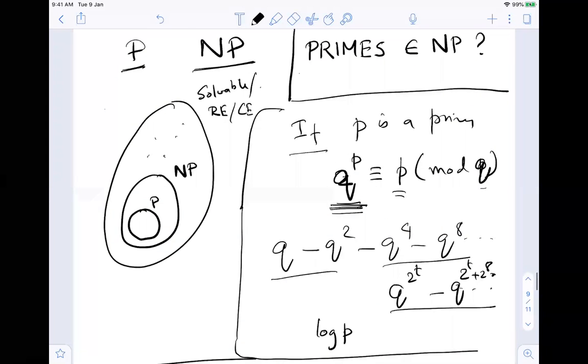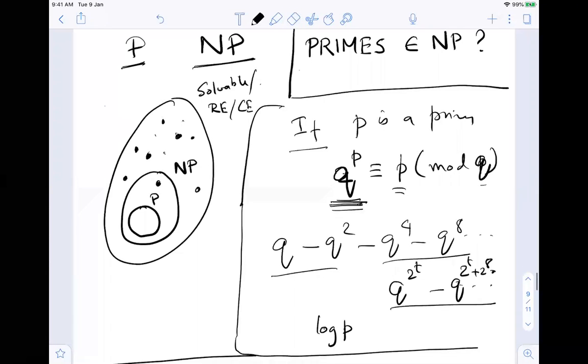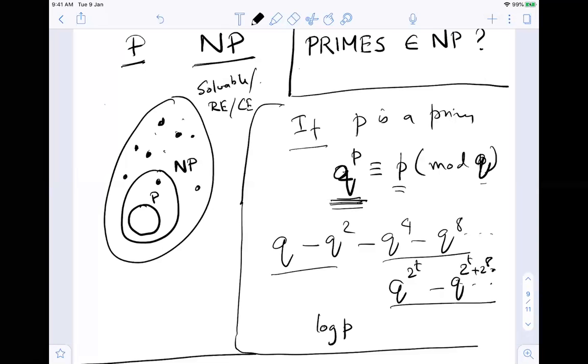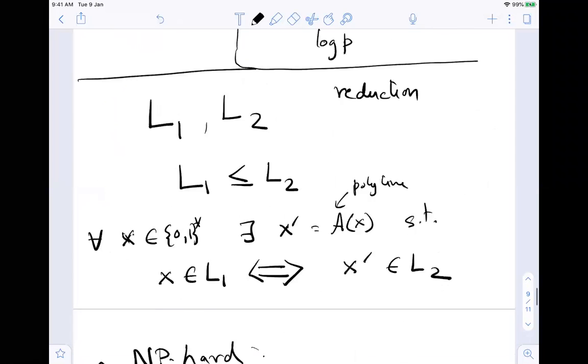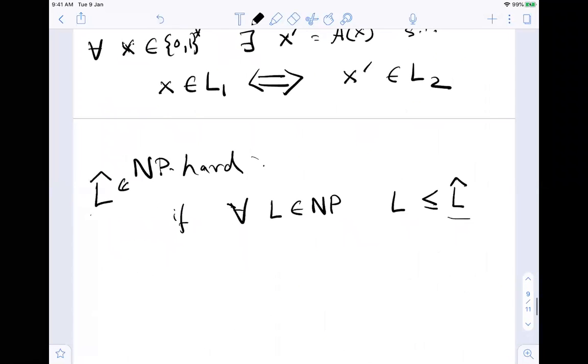In this picture, a few of them can be here, like ILP, and a few of them can be outside. There is no reason why NP hard problems have to be in NP. I can have a problem which is way harder than anything, but all I know is that this problem is harder than every other problem in NP. This is called NP hard.